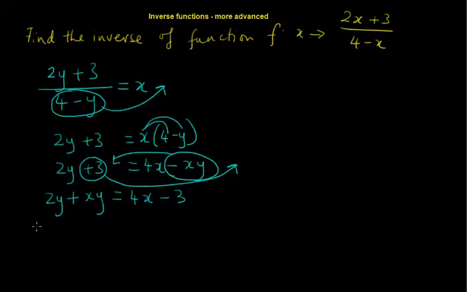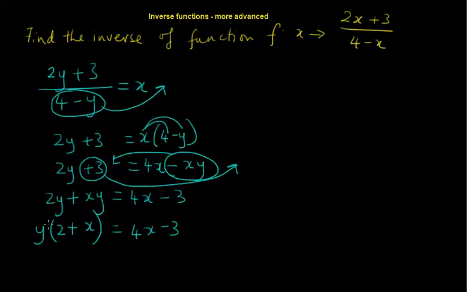So we would get the y out, open bracket, and then we would have 2 plus x. If you're unfamiliar with factorization, I will create another video on how to do that. Equals 4x minus 3. Okay, so now we're left with y open bracket 2 plus x equals 4x minus 3.